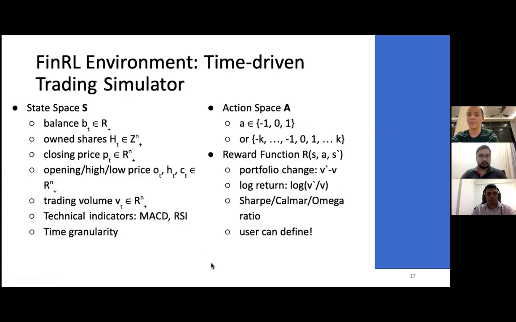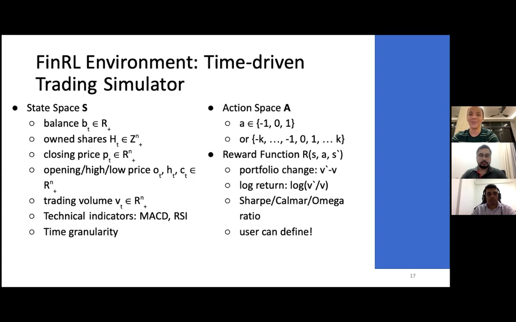Next slide, please. As I said, the library offers different environments, and all of the environments are based on OpenAI's Gym framework. So all of them are basically time-driven trading simulators. They usually contain state space, action space, and reward function, which is really necessary if you're working with market decision processes.